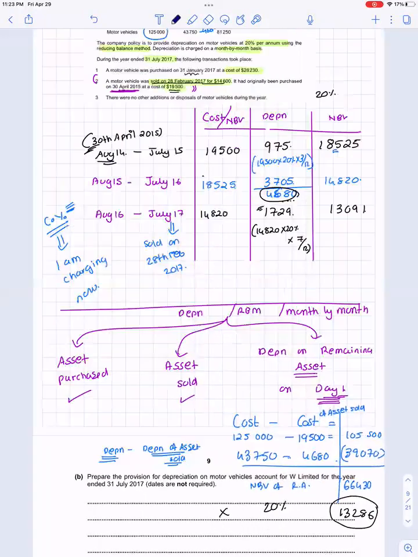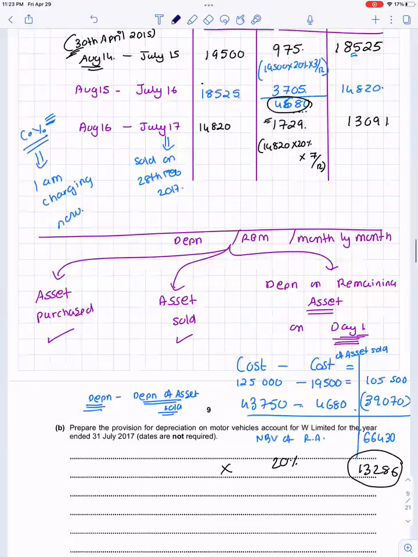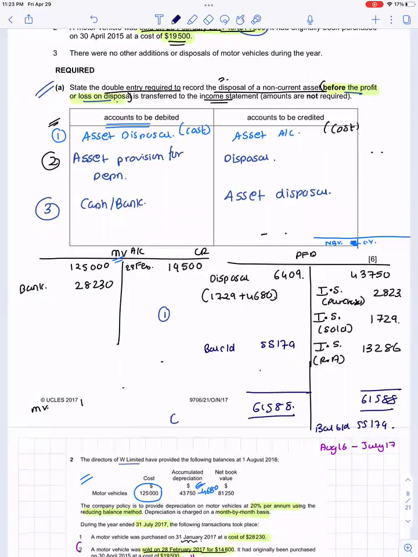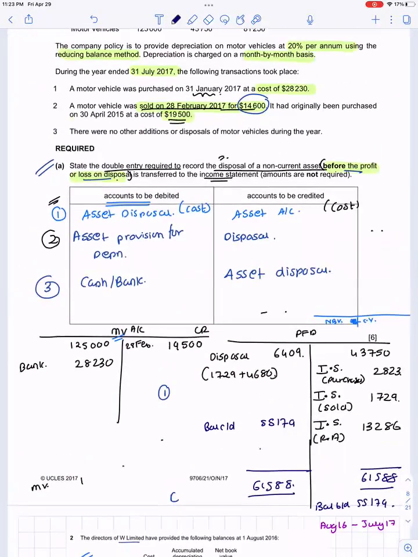Motor vehicle was purchased. What would be the effect on profit? Because I purchased this motor vehicle, I had to charge depreciation of 2,823.